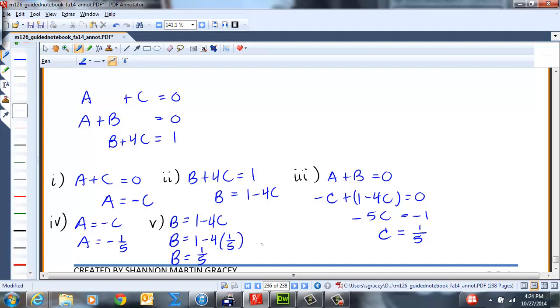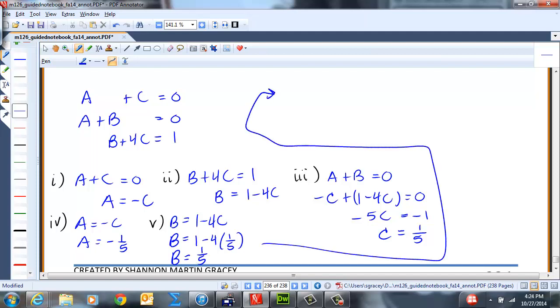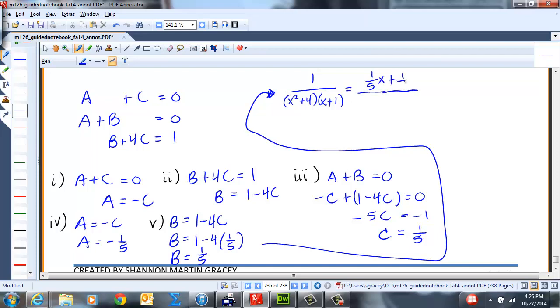So at the end of the day, what we ended up with was 1 over x squared plus 4 times x plus 1 is equal to 1/5 x, rather, plus 1/5 over x squared plus 4.